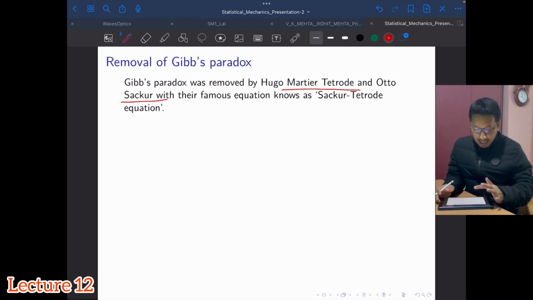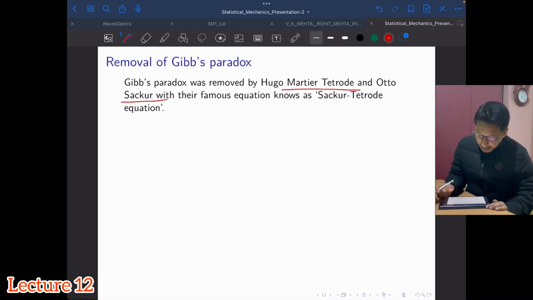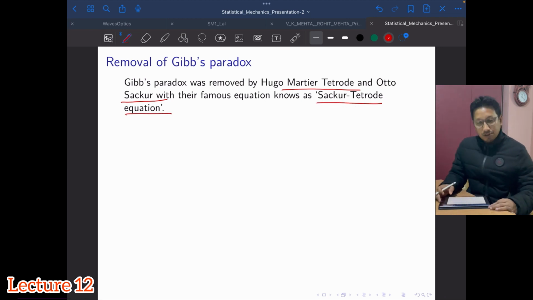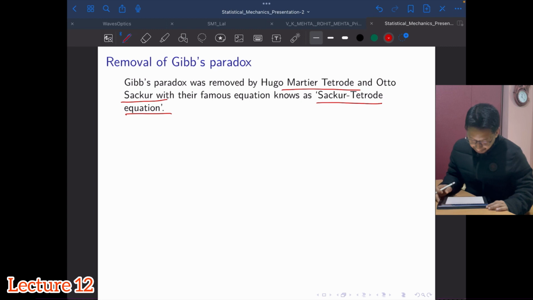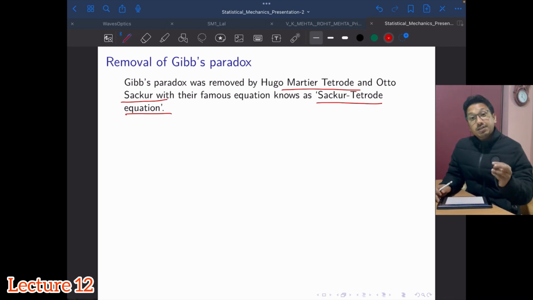Tetrode was a physicist and Otto Sackur was a chemist, actually a physical chemist, and they solved this problem through what is known as an equation, which we will derive. The Sackur-Tetrode equation.